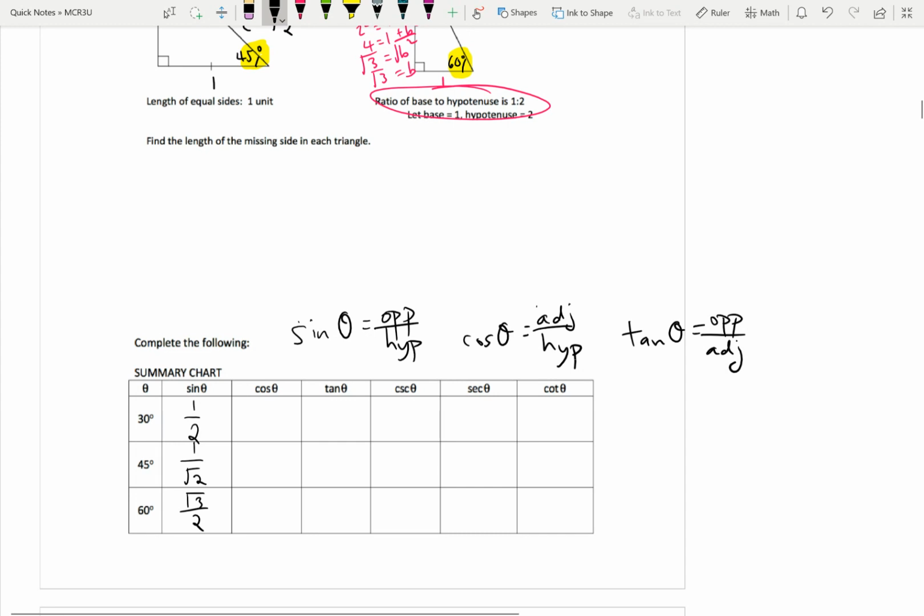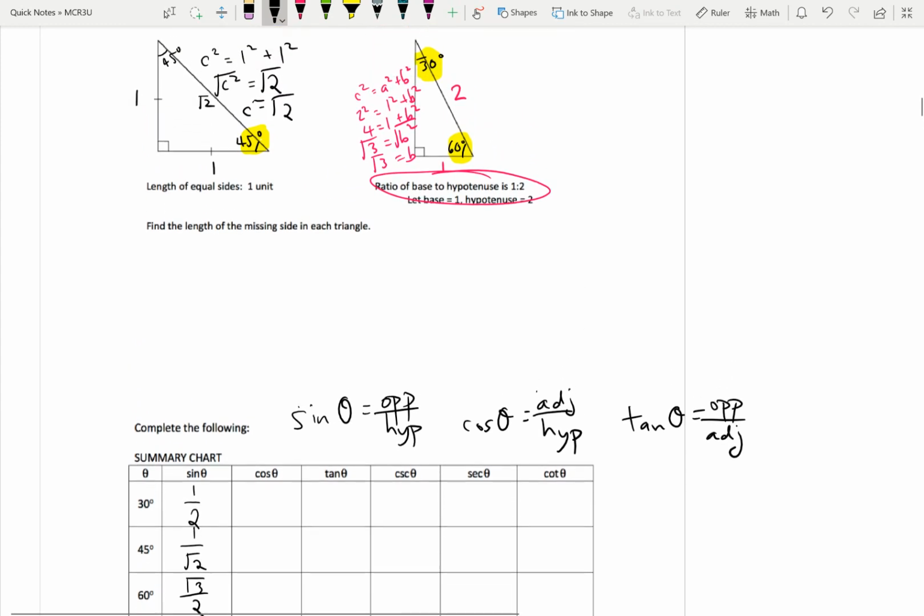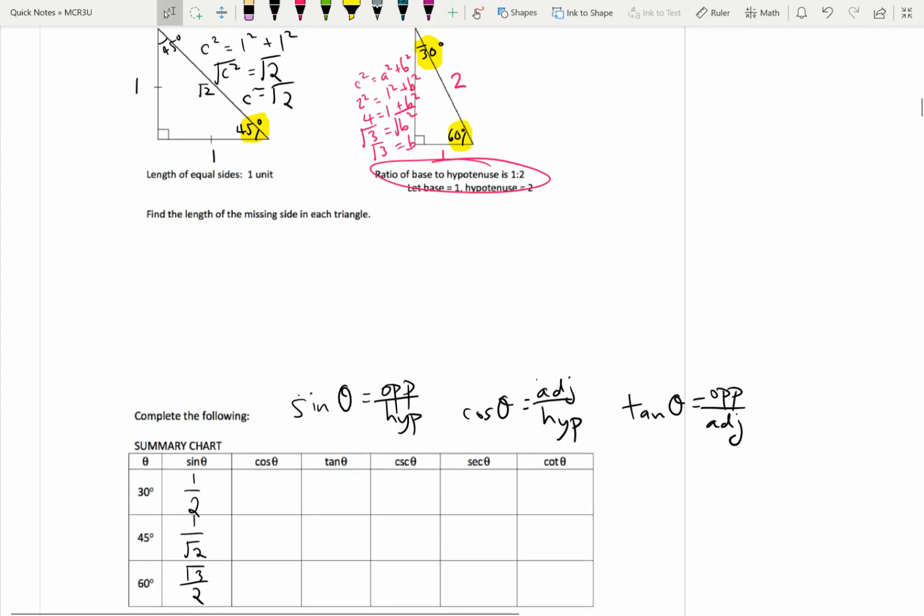So cos of 30, using the 30-degree angle, is adjacent over hypotenuse, so that's root 3 over 2. And for the 45 degrees, adjacent over hypotenuse is 1 over root 2. And finally, for the 60 degrees, the adjacent is 1, and the hypotenuse is 2, so that's 1 over 2.